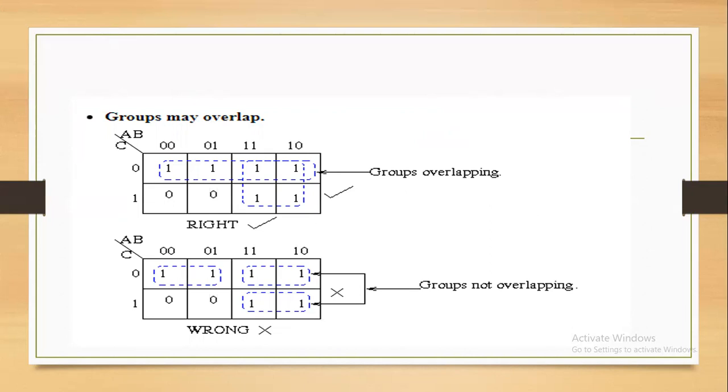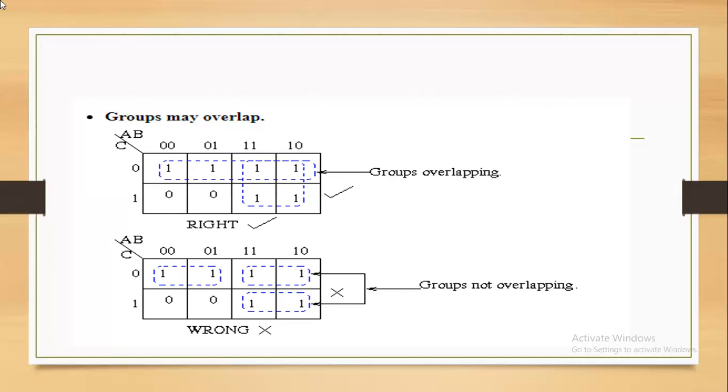Our preference should always start from the octet, then we go for the quadrature, then for the pair. If there are 8 ones, we can group the octet, then we group the quadrature, then the pairs. This is how we have to go.